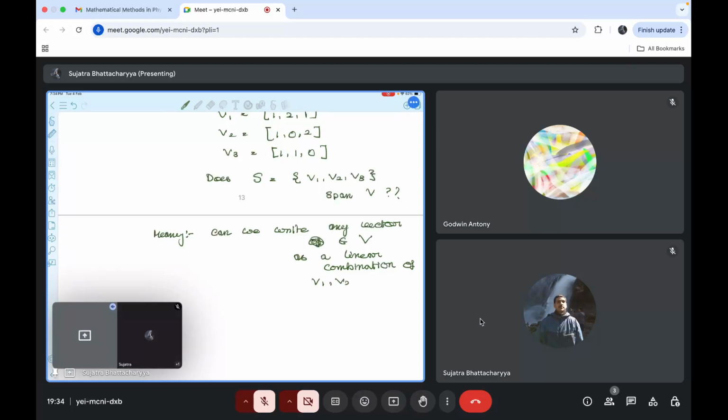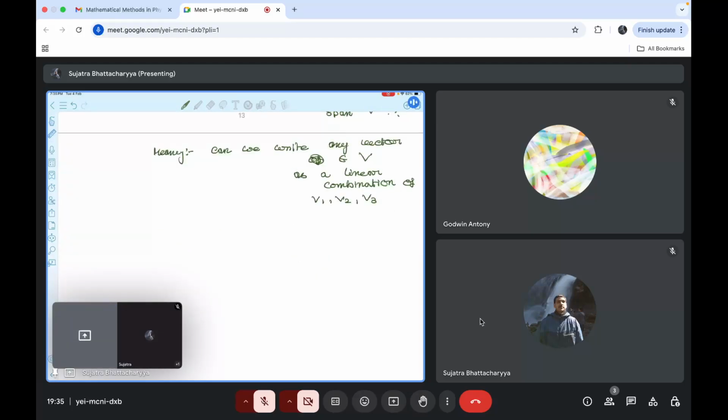That's the main question. Okay, so let us take a vector v, which is x, y, z, which belongs to the vector space V, or R3.